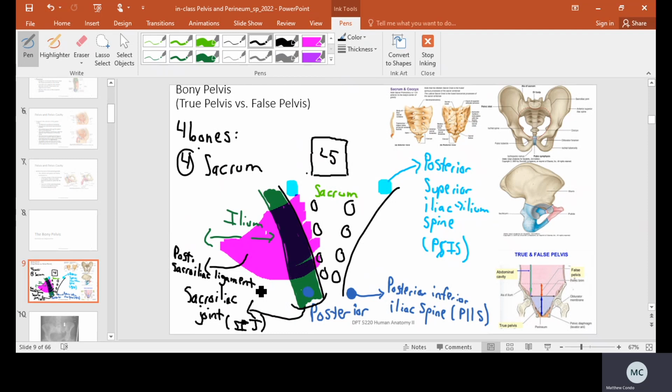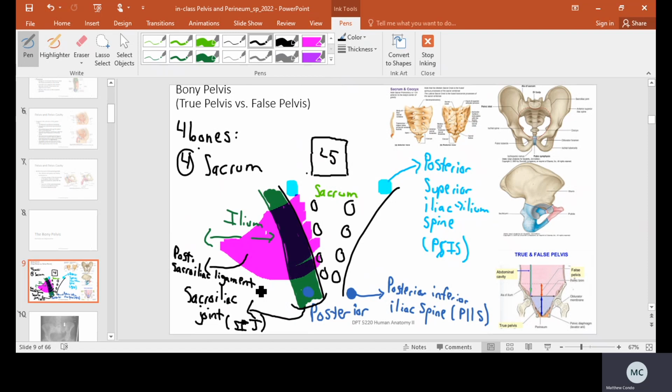In the average person, this joint moves around 2.5 to 5 millimeters. That's it. Some people, it moves more, and some people, it moves less, but the average is about 2.5 to 5 millimeters worth of movement.